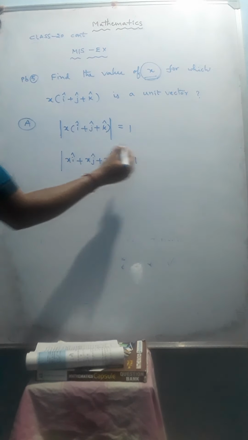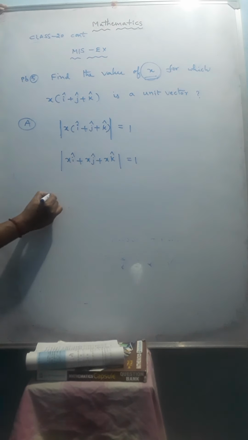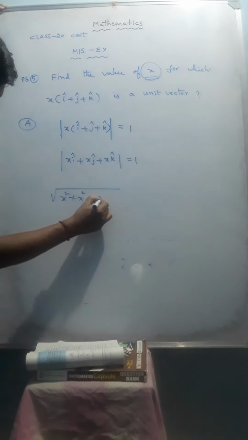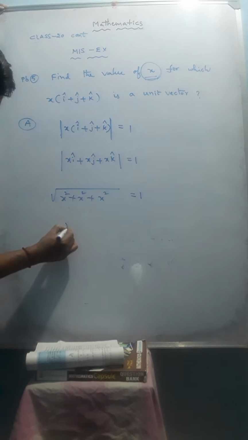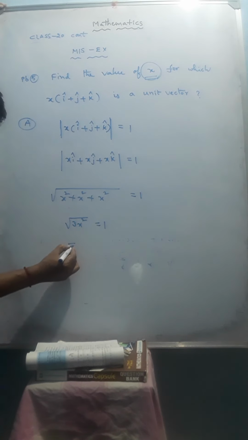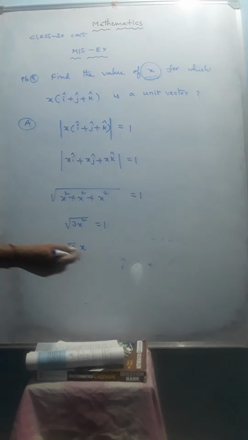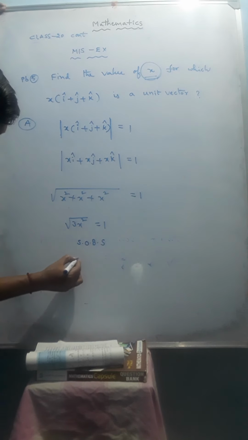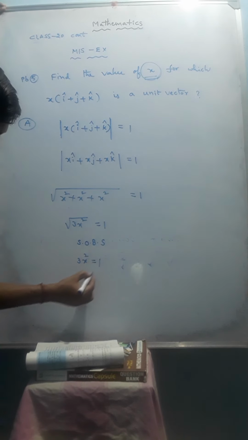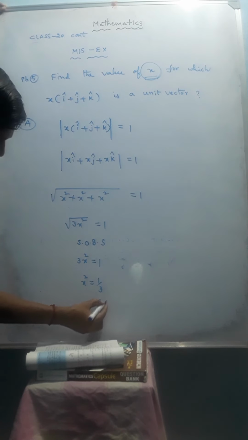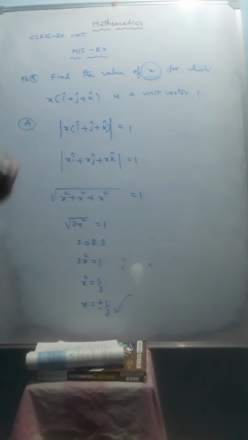Apply magnitude value, that means square root of x square plus x square plus x square is equal to 1. Root of 3x square is equal to 1. If you apply square on both sides, then 3x square is equal to 1. Then x square is equal to 1 by 3. Then x is equal to plus or minus 1 by root 3. That is the answer. Okay. Write down.